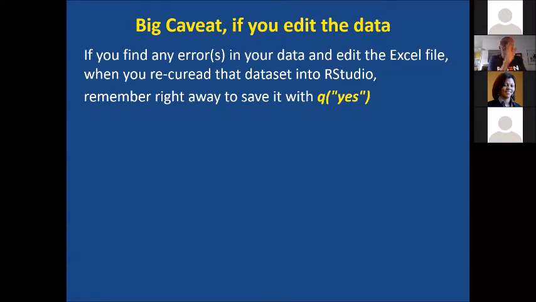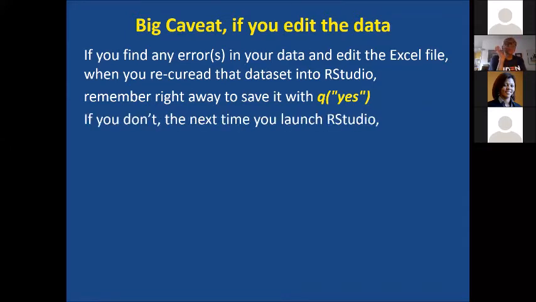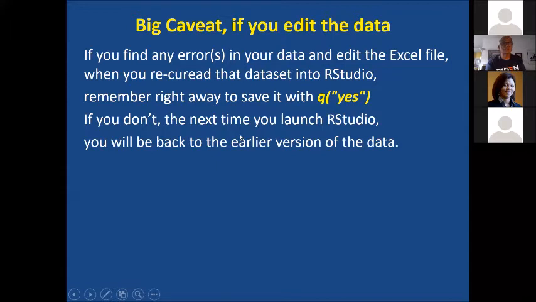You need to Q yes, so that the stored workspace now has the updated data set. Because if you don't do this, you read that data set, do the analysis that session, but if you quit and then go relaunch RStudio next week or something, you'll be back to the earlier version.